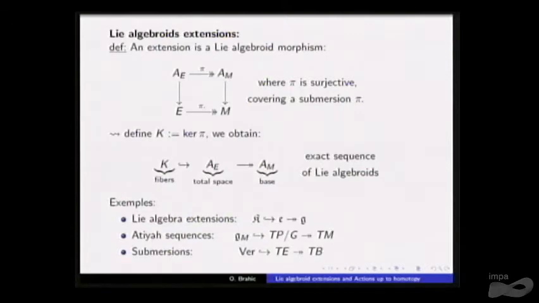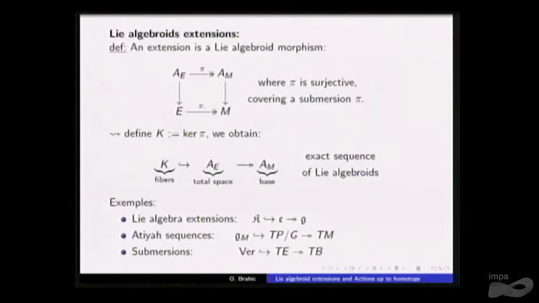Another interesting example are Atiyah sequences. Say you have a principal bundle P. You can take TP mod G, which is a transitive Lie algebroid. You have a surjective anchor, which is a Lie algebroid morphism, and the kernel is well known to be a bundle of Lie algebras, a locally trivial bundle of Lie algebras.